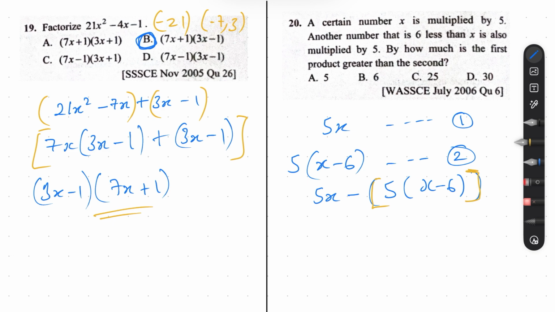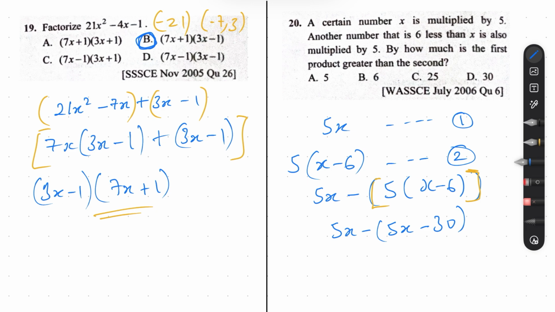If we expand this, what do we get? Into the bracket, 5x minus 30.